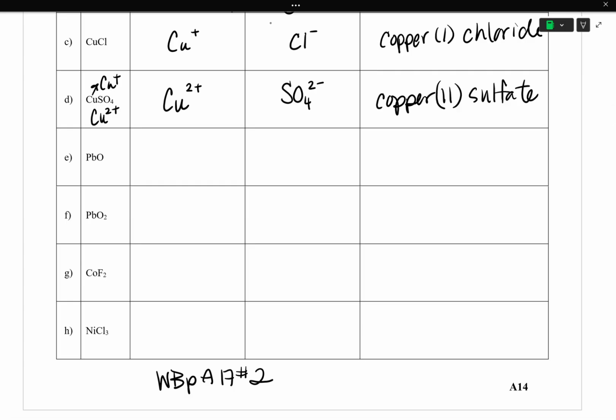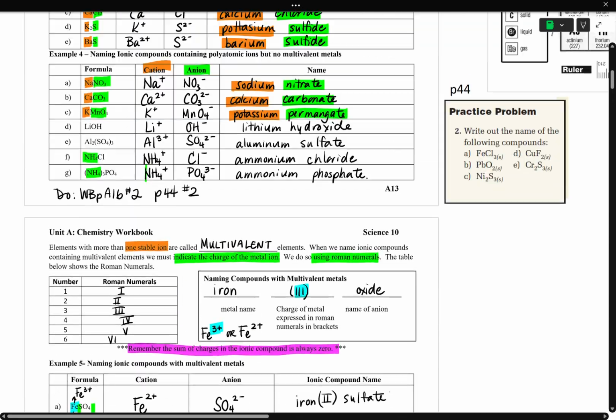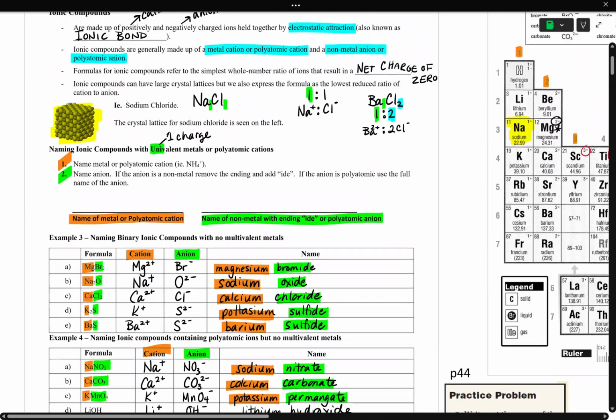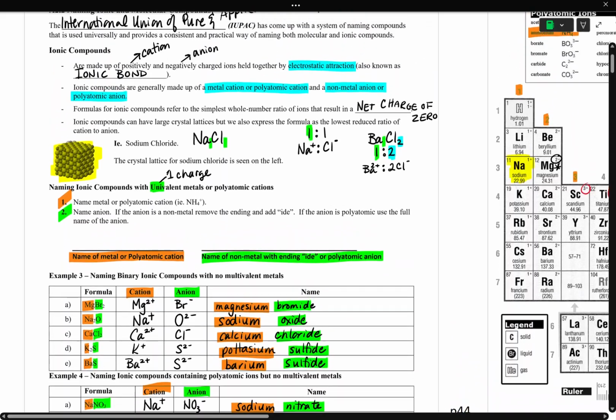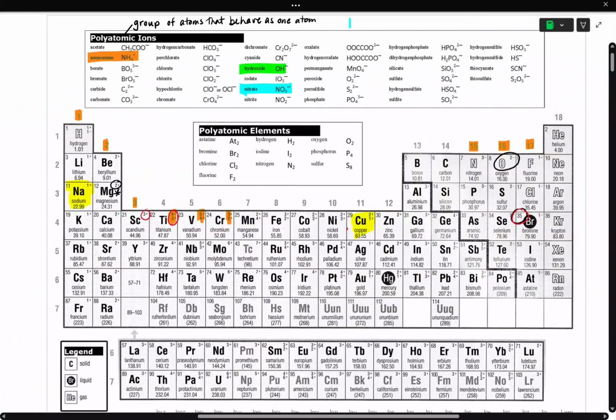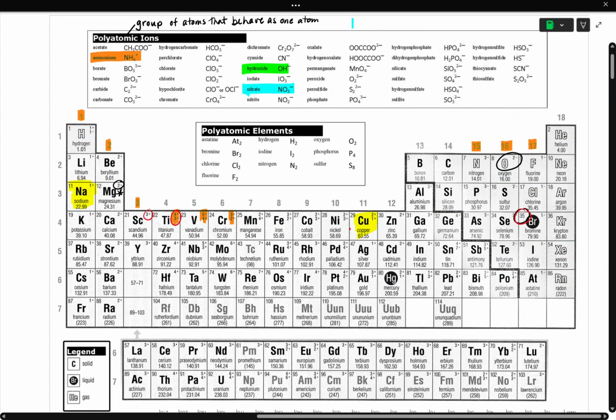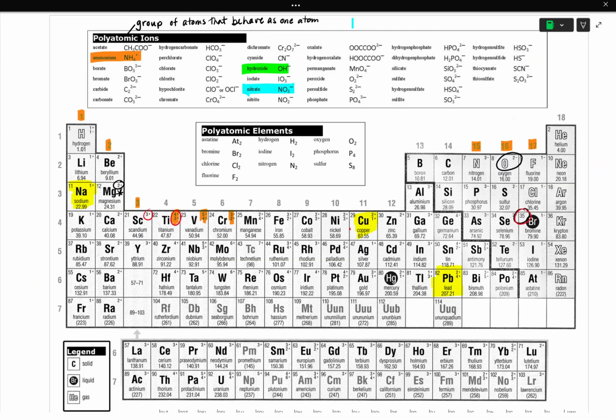Okay, so Pb. If we take a look at lead, I have to go back to the periodic table. There we go. Lead, Pb is atomic number 82. We're down here. So it could be 2 plus or 4 plus.